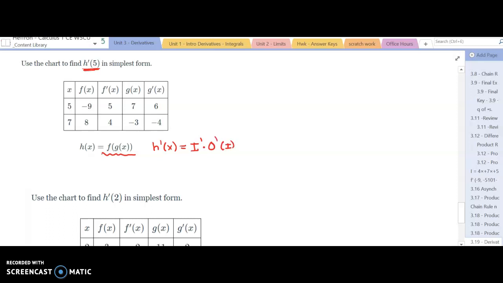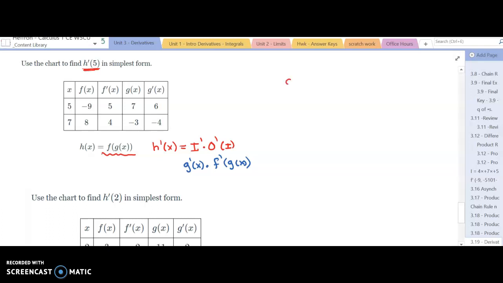We always have to do that. Or in this case, it's really just the inner is g prime of x times the outer derivative, which would be f prime of g of x. That's our rule. And so now we go and look through the table.